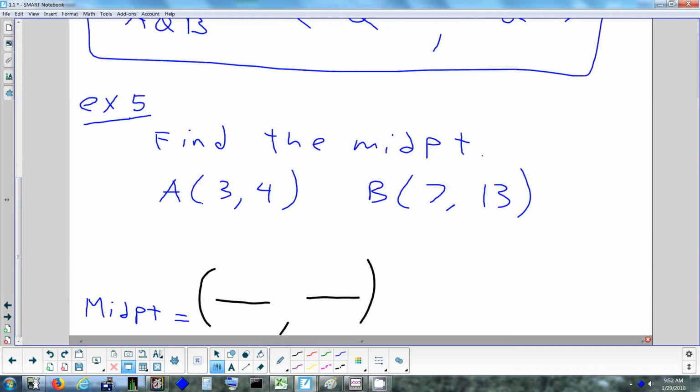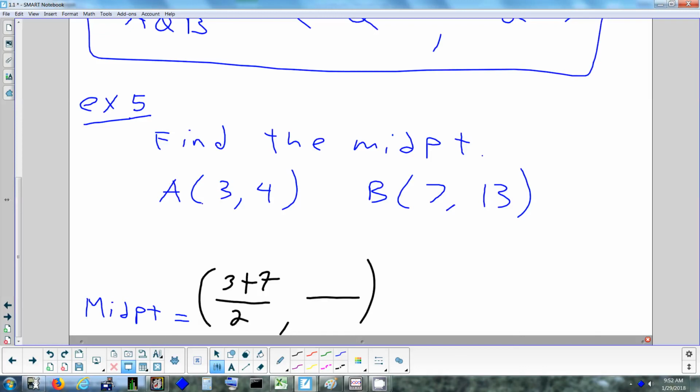I kind of gave another word, and I think I had asked Austin about it. The average. When you find an average, do you add or subtract? You add the two and then divide by the amount of them. Yeah. So for your x coordinates, you're going to add the 2, and then divide by how many you have, which in this case is 2.